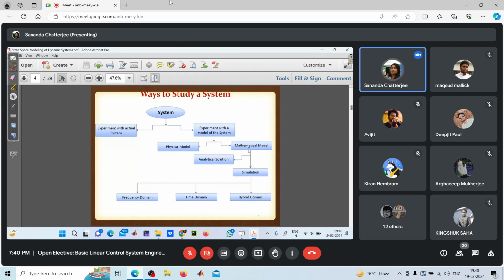Otherwise, from the mathematical model we can go for simulation, and from there we can get the nature of the system. The simulation can be done in three domains mainly. One is the frequency domain, another is the time domain, and a mixture of these two, that is the hybrid domain. So this is the purpose for which we are concentrating on the mathematical model of the system.